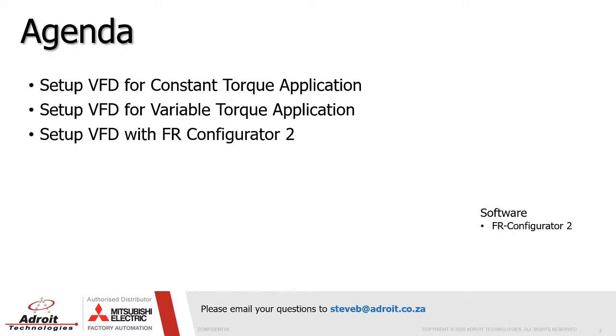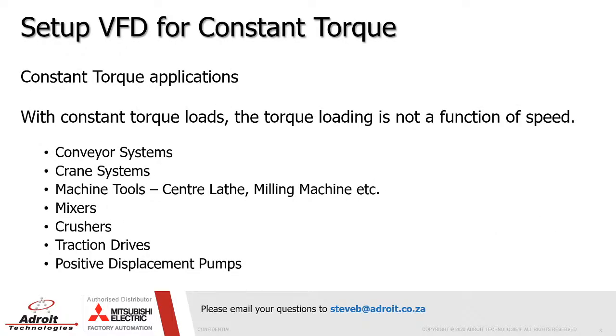Now, a constant torque application is where our torque stays constant, and it doesn't depend on the speed of the load. So whether you're running at, let's say, 1,000 RPM, 1,400 RPM, or 2,000 RPM, your torque will stay constant.